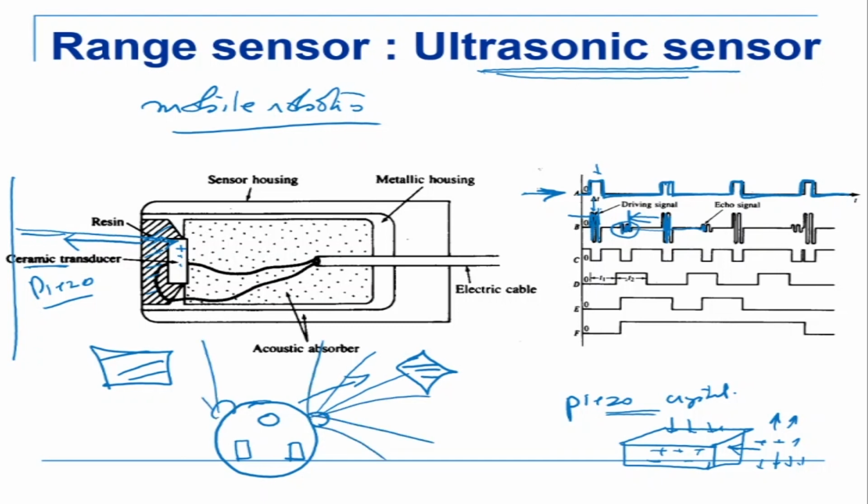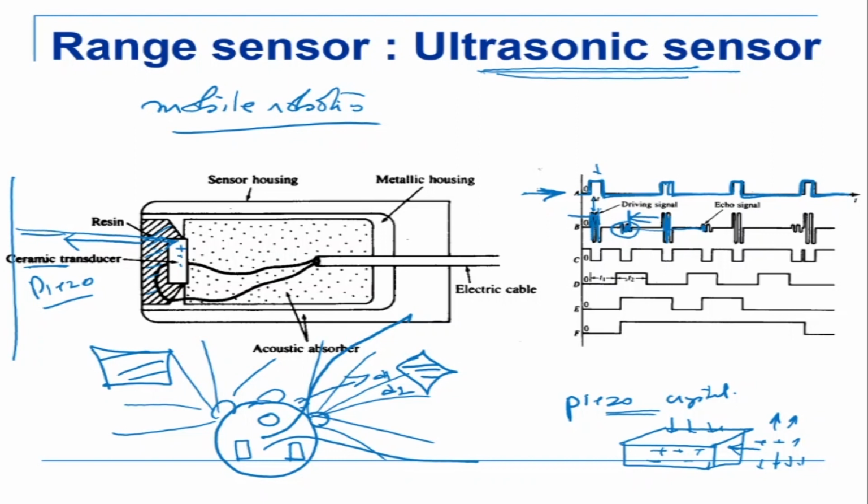These ultrasonic sensors sense the distance of this object. Sorry, it will not hit, it will just sense. So it gives the distances d1, d2 from the obstacle, and if it is too near, then the robot can change its path and go in some other direction. So this is used for obstacle avoidance.